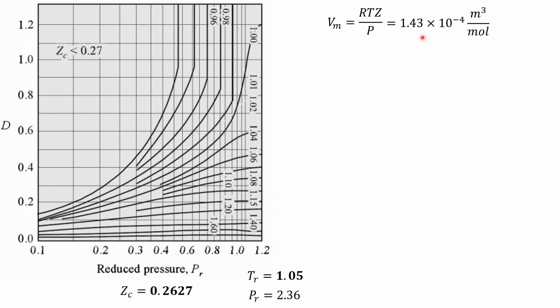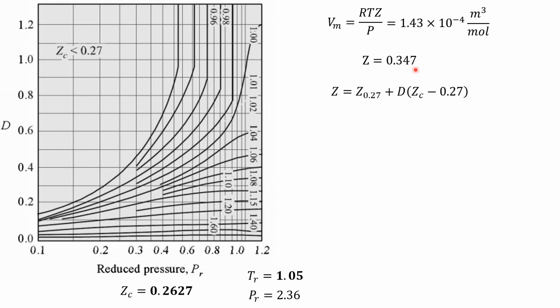In the answer, molar volume was given, that is 1.43 into 10 raised to power minus 4 meter cube per mole. So from this equation we can find out the value of compressibility factor. Now we can write the formula. In the previous slide we have estimated the value of Z at 0.27, and ZC is given in the problem.